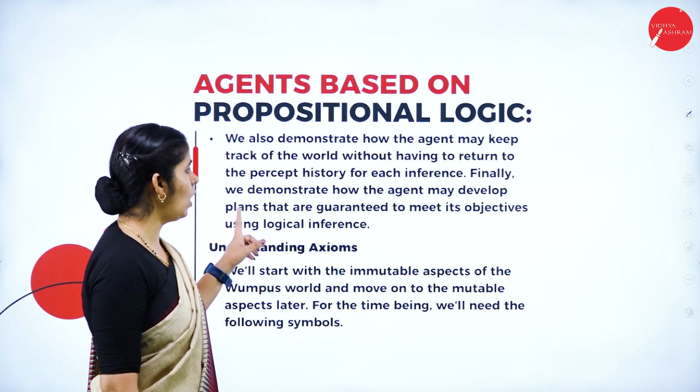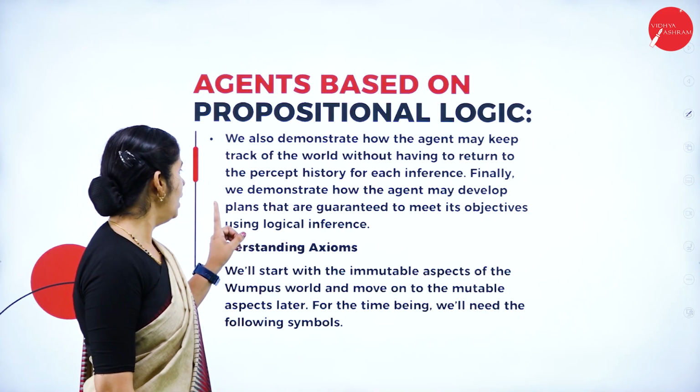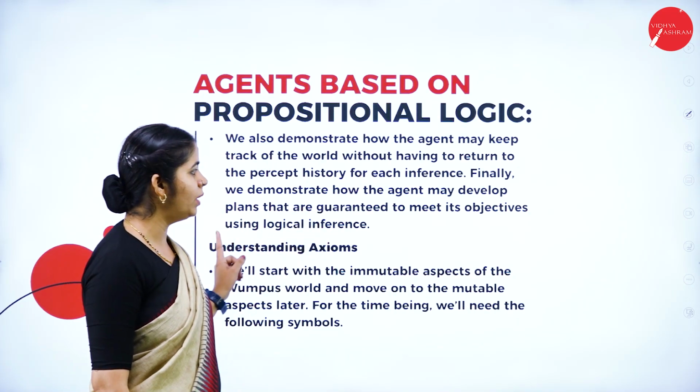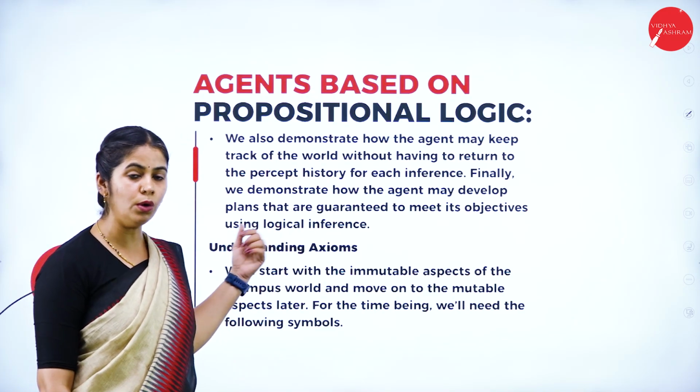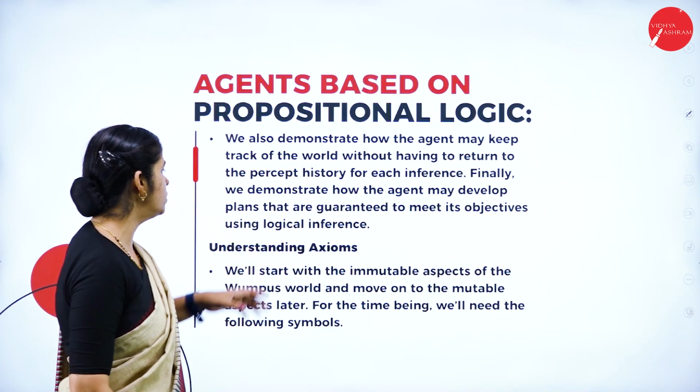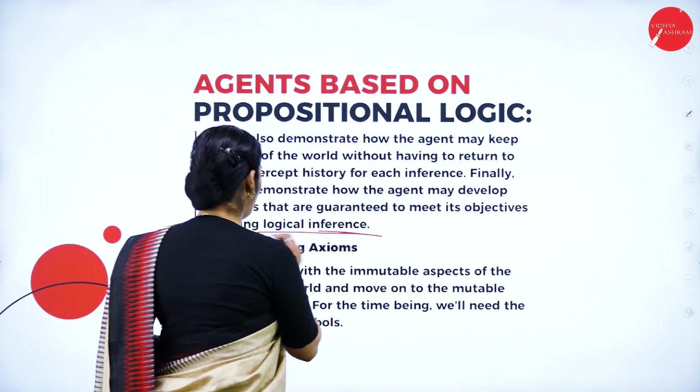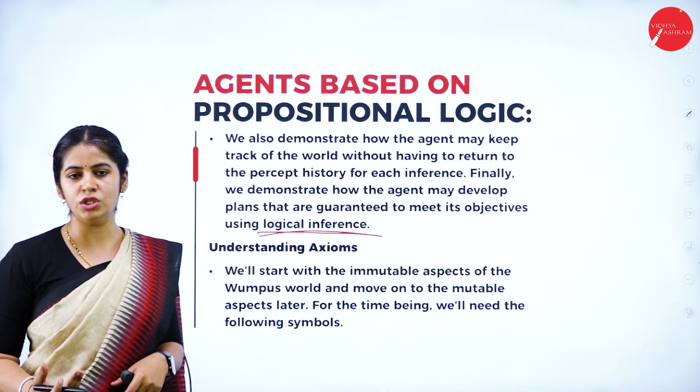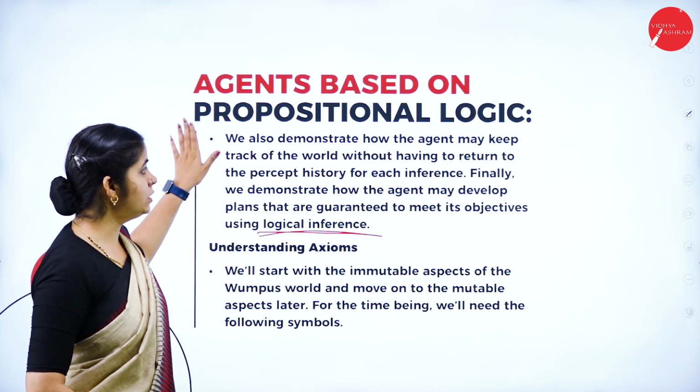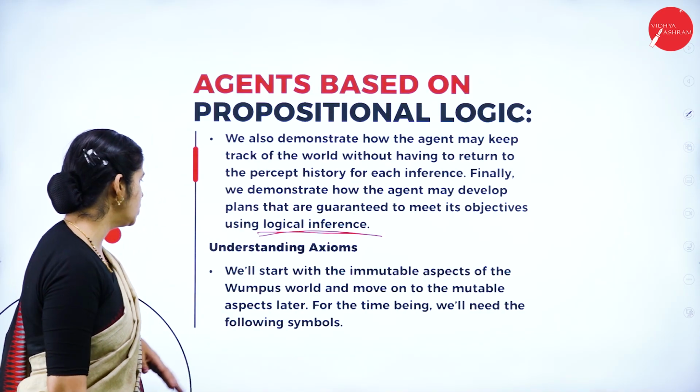Finally, we demonstrate how the agent may develop a plan guaranteed to meet the objective. What is the objective? To get the goal, guaranteed to meet using logical inferences. How are we achieving the logical inferences? First, using propositional logic.